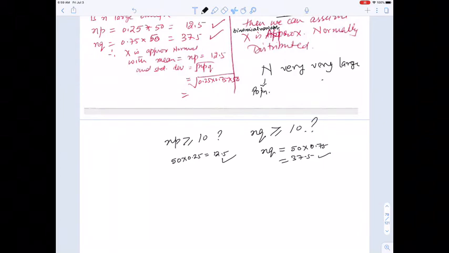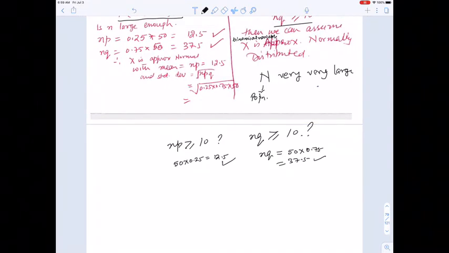So both np and nq are large, and our 50 questions could be coming from an infinite pool of questions. So now, what do we do now? We conclude that the central limit theorem, CLT, applies.